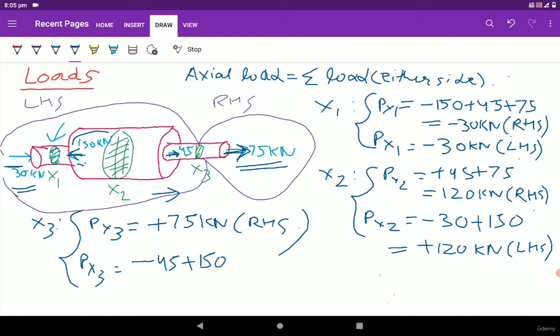So after summing up, we are going to get 75 kilonewton from the left hand side, which is equal to the right hand side. So it is totally balanced.